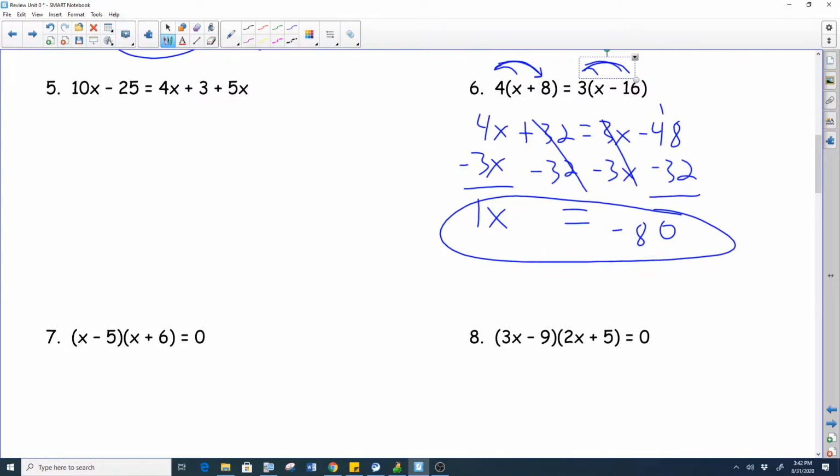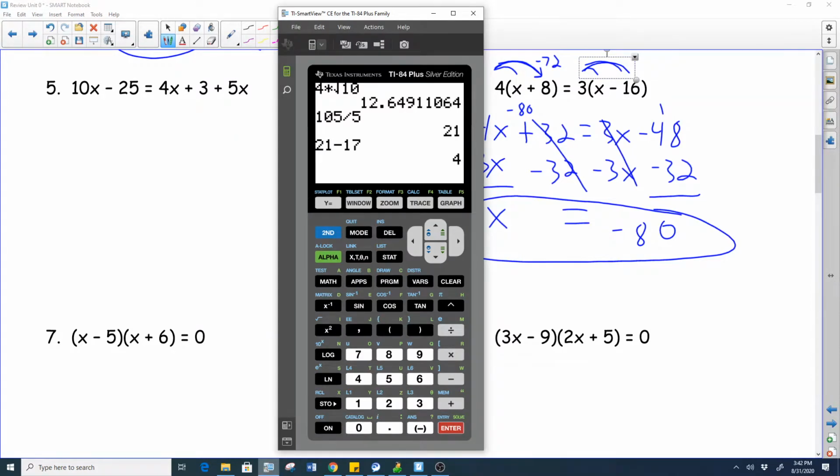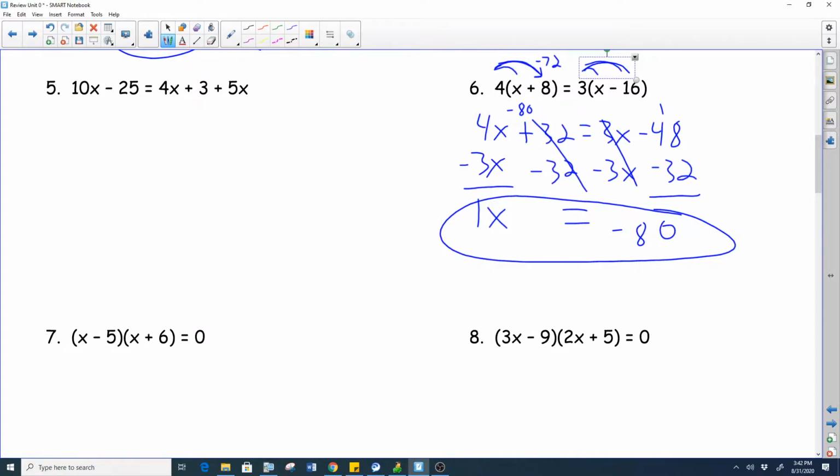So if we plug that in, we'd end up doing negative 80 plus 8 is a negative 72. So we would get negative 72 times, just checking my answers now, times 4 is negative 288. Good, so just plugging it in.